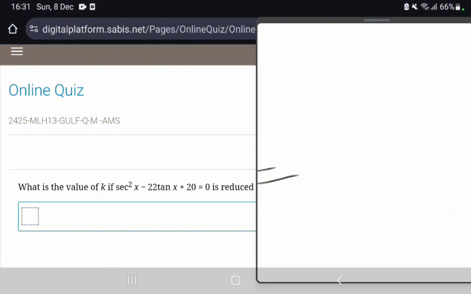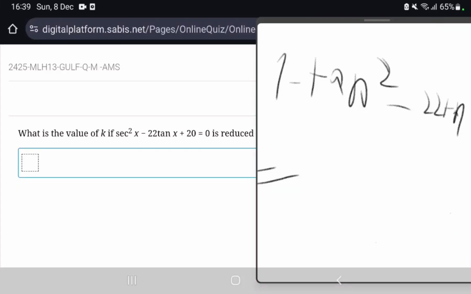We know that 1 plus tan squared equals secant squared, so it's 1 plus tan squared minus 22 tan plus 20 equals 0, so it's tan squared plus minus 22 tan plus 1 plus 21.